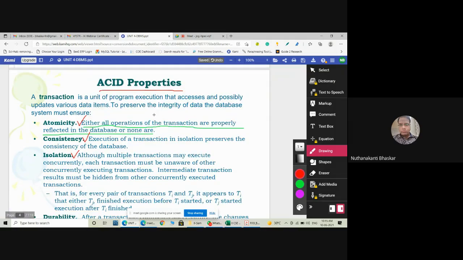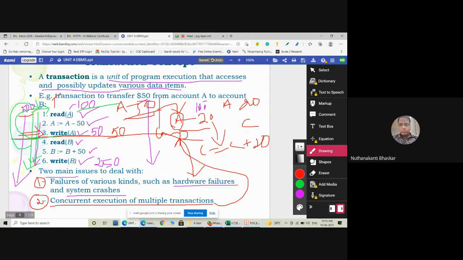Just now I told you that this is transaction 1 and this is transaction 2. Here T1 is a transaction where you are transferring $50 from account A to B, and T2 is another transaction where you want to transfer $20 from A to C. If T1 and T2 are executing individually, and T2 is never depending on T1, that is called isolation.